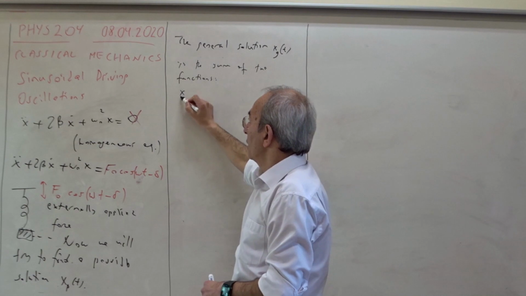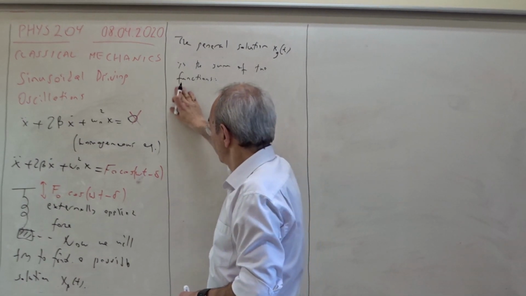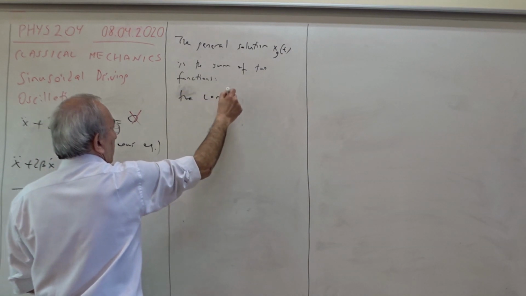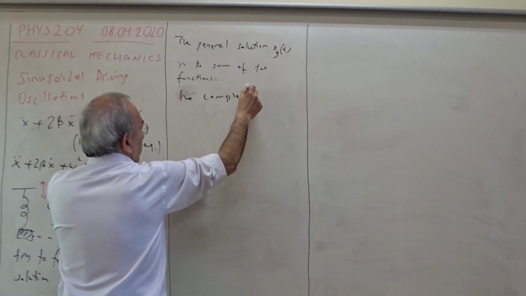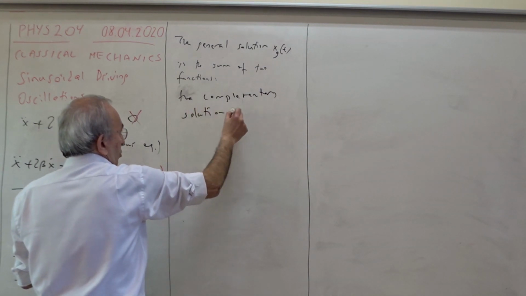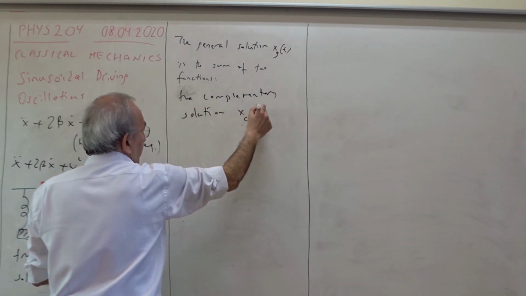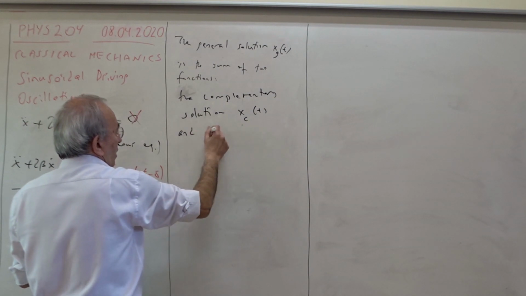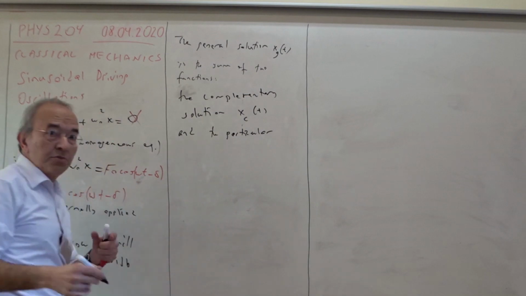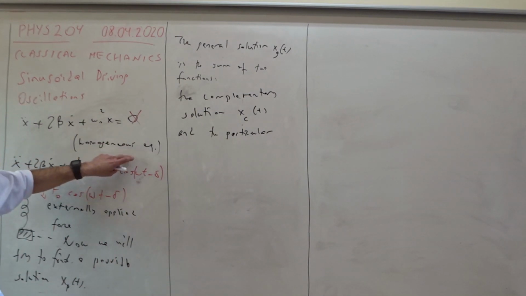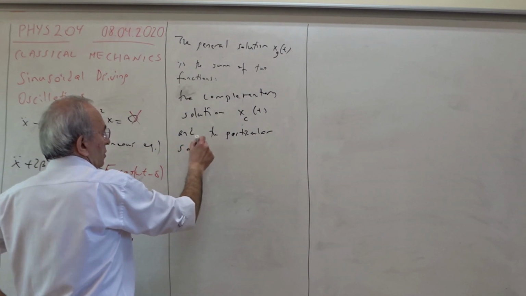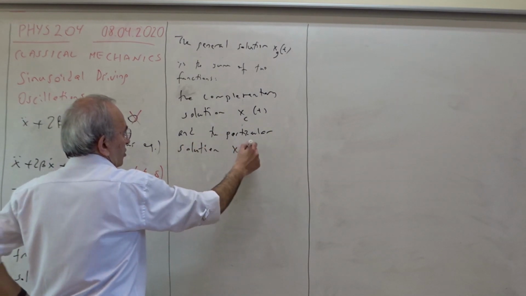What are they? The complementary solution x_c of t, and the particular solution, which is peculiar to the right hand side, whatever you have given, the particular solution x particular of t.